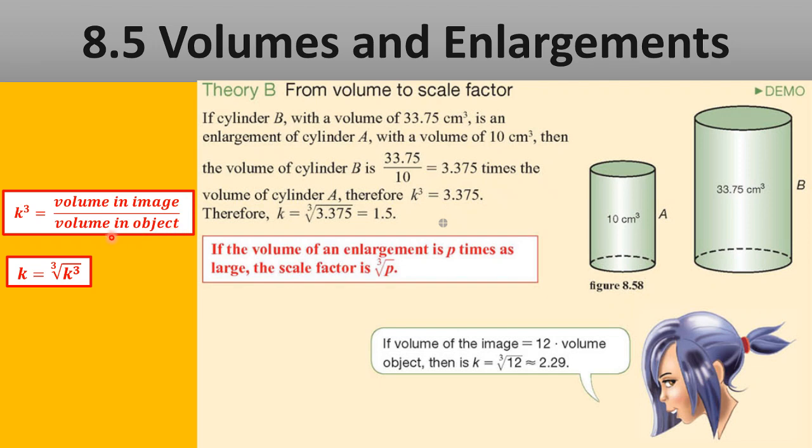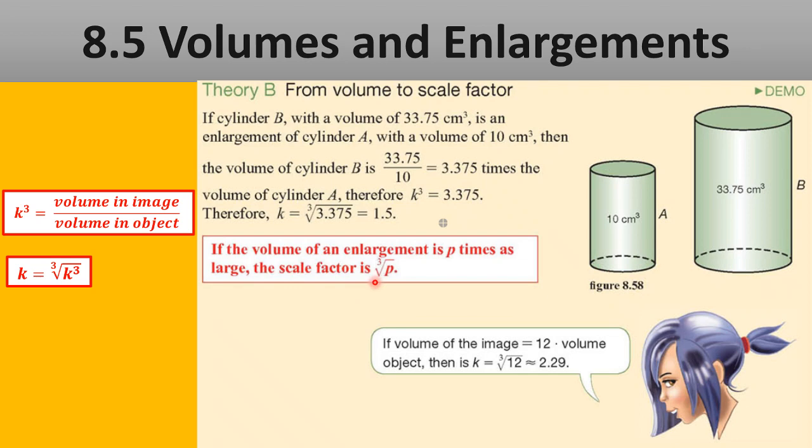How can I now get to k again? Well, k is going to be the cube root of that number. So here, this is 3.375. Then k is the cube root of that number, which is 1.5. Okay, and they start again with the number p. If the volume of an enlargement is p times as large, the scale factor is the cube root of p.